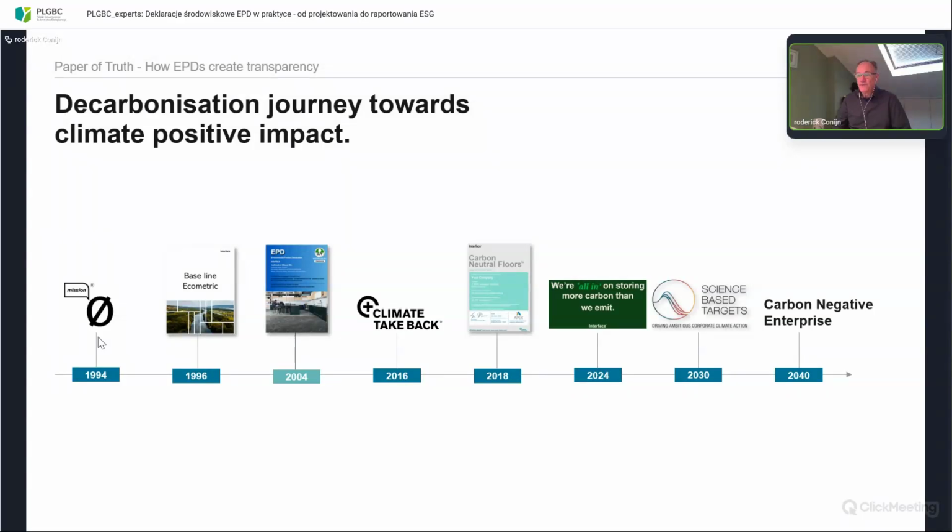We published our first EPD already in 2004 and have been very actively involved in making EPDs more known in the business as a neutral way to compare products on their environmental impact.